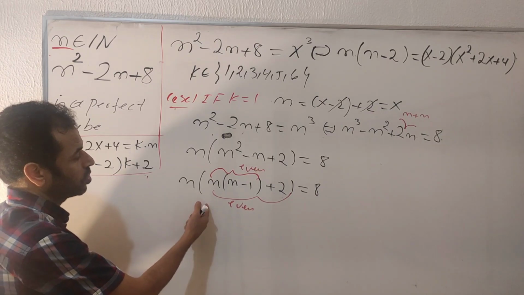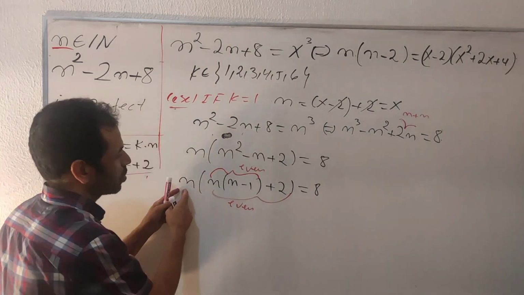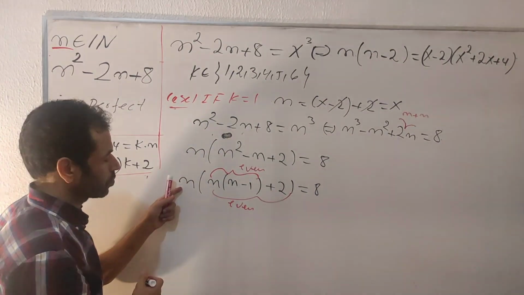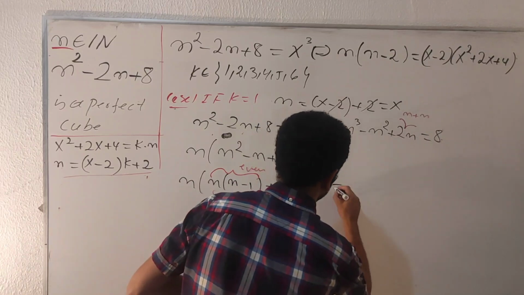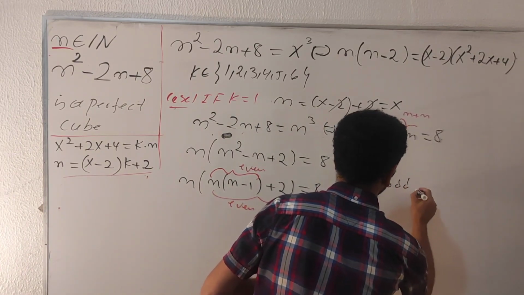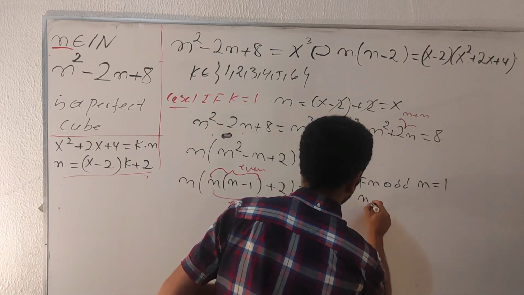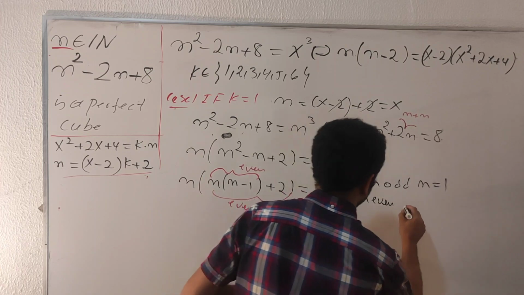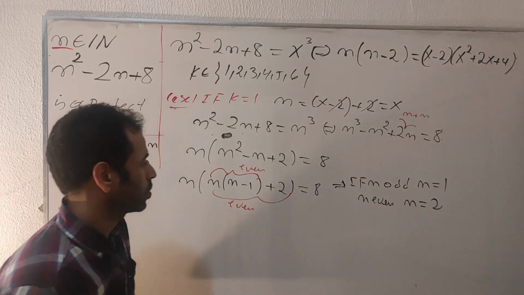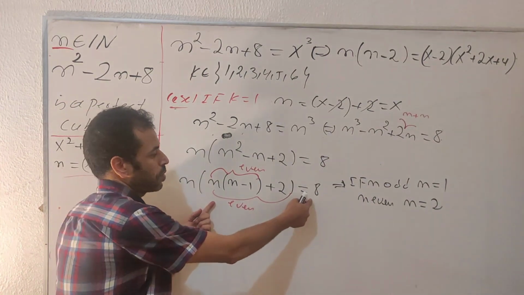If it's even, it is going to take number 2 because this term is bigger than this term, which means n is going to take small terms. So if n is an odd, n is going to take number 1. If n is an even, n is going to take number 2. Why? Because this term is smaller than this term, because we have a product here.